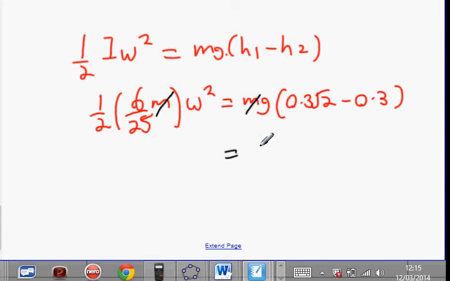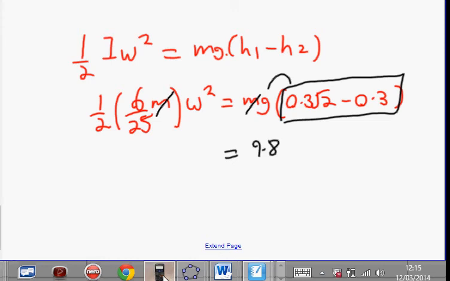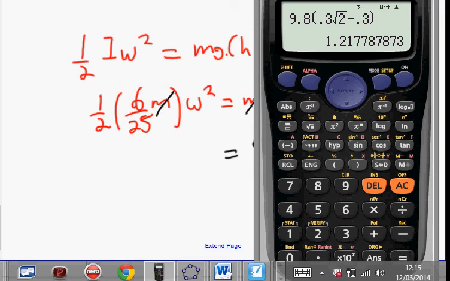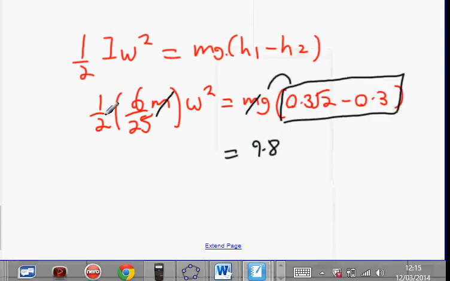We can use gravity equals 9.8, multiply 9.8 in by this number. So we're going to get 9.8 brackets 0.3 root 2 minus 0.3. What we get there is 1.218. Then we're going to multiply that answer by 2.